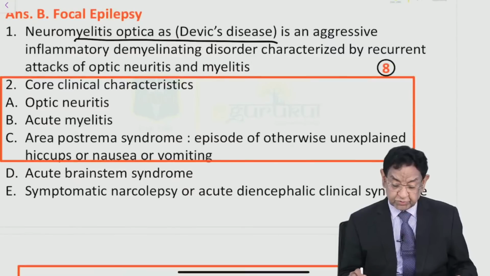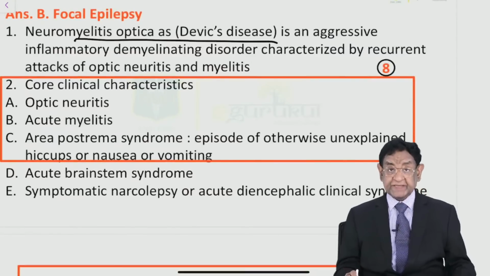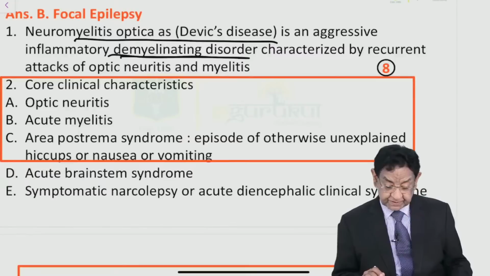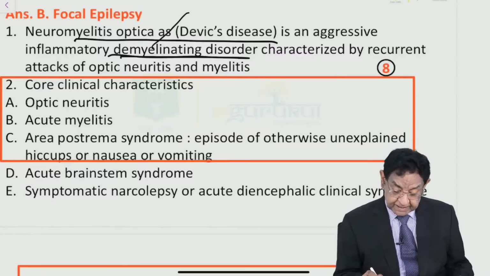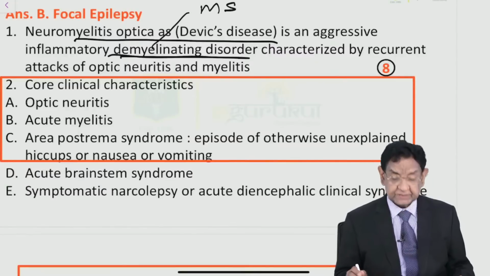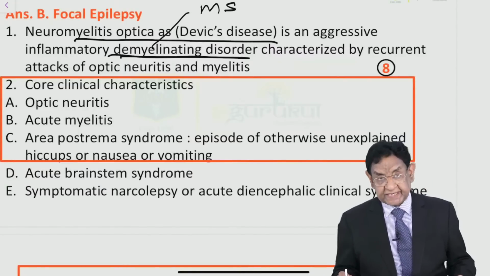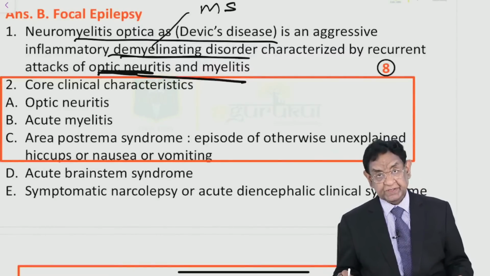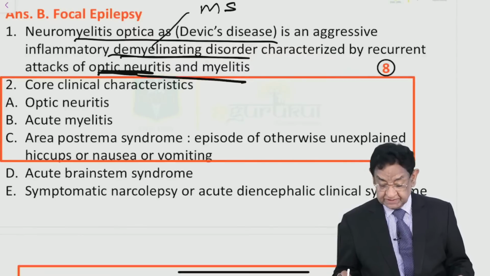Neuromyelitis optica, also known as Devic disease, is an aggressive form of demyelinating disorder, just like multiple sclerosis. It is a variant of multiple sclerosis. There is recurrent attack of optic neuritis and myelitis. So now what are the points?